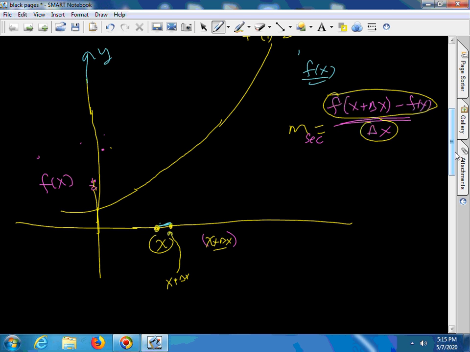Okay. Now, you come straight up, straight across, that's going to be f of x. And if you come from right here, and you go straight up and straight across, that's going to be f of x plus delta x. And let's just get rid of these dotted lines. Okay.